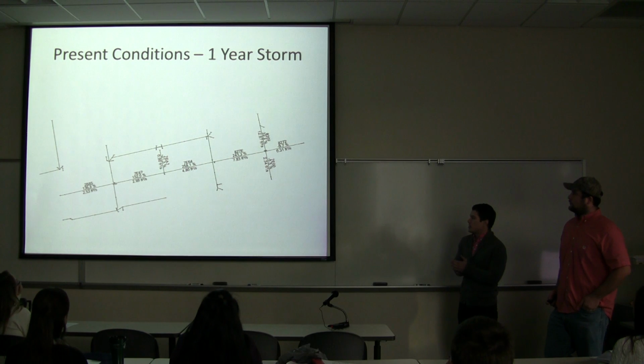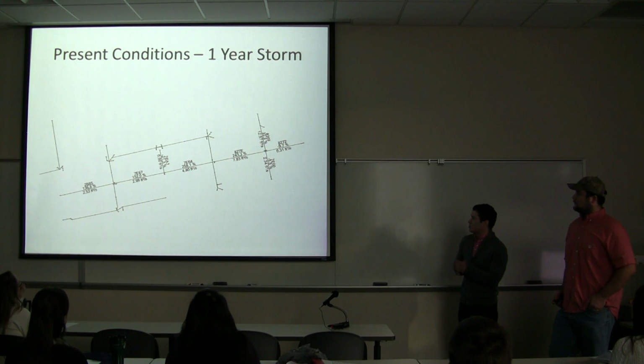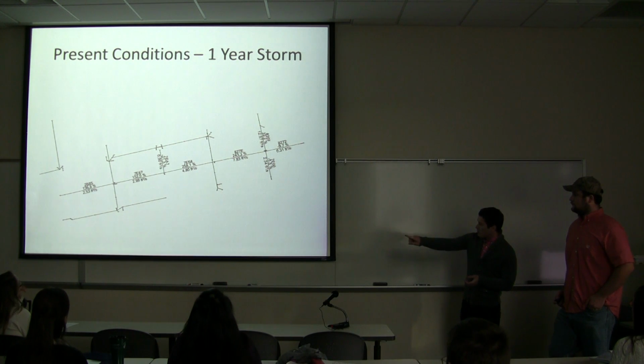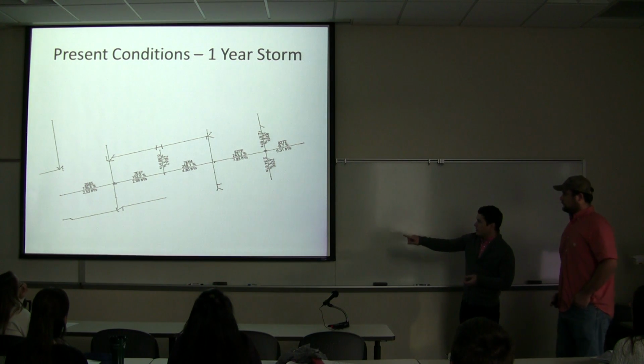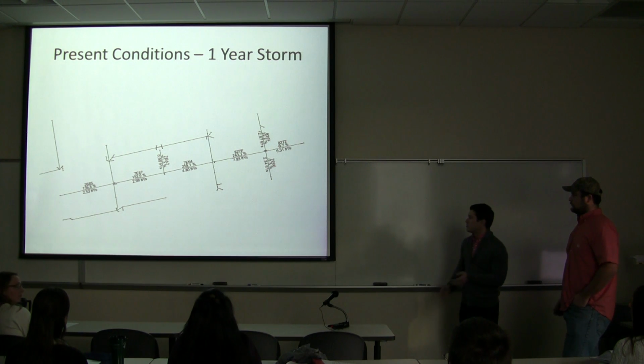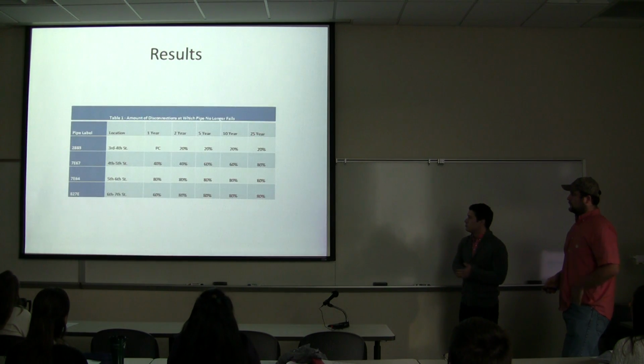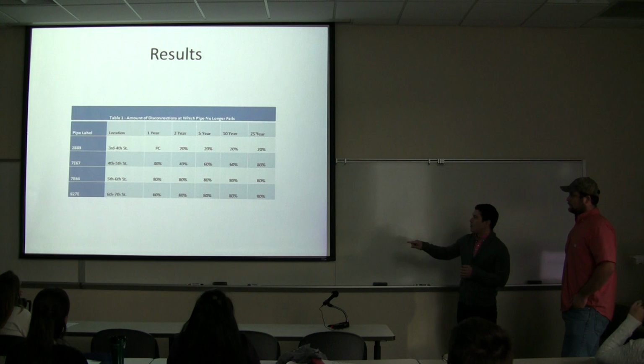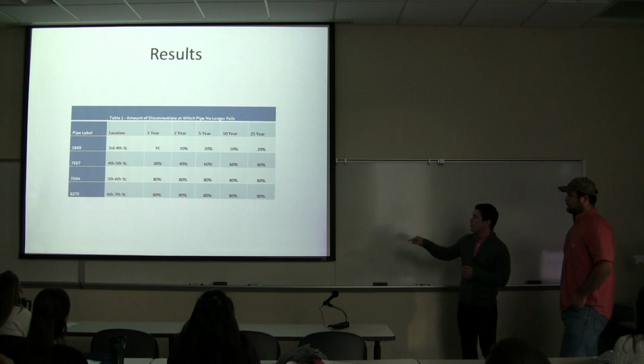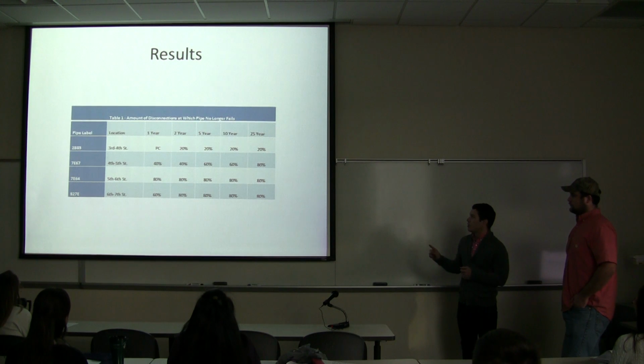And this is the present conditions 1-year storm result, just to give you an example. You can see that all of the main conduits are failing because the percentage flow is over 100%. And then this shows for each main conduit at each storm what level of disconnection it takes for that pipe to no longer fail.